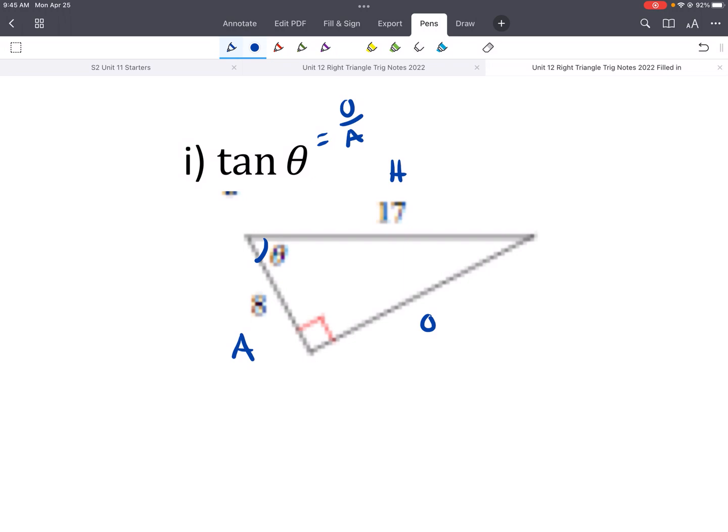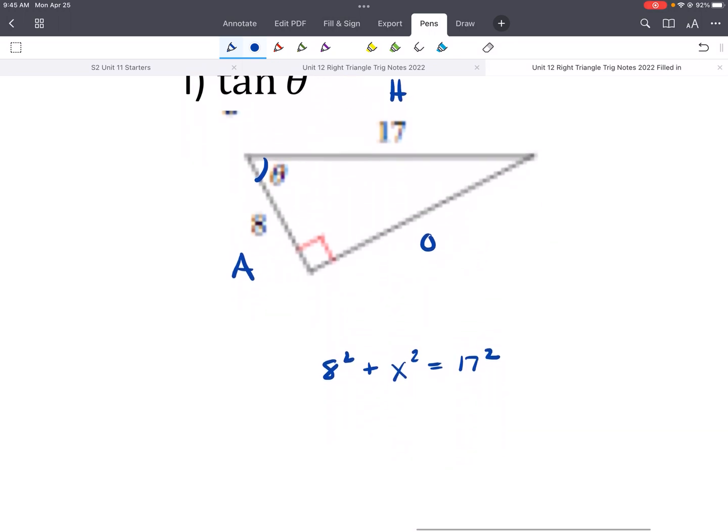We would do 8 squared plus O squared, or whatever variable you want to use. I feel like O is not great because it looks like a 0. So maybe here I'll just use an X, equals H squared. So that's 17 squared.